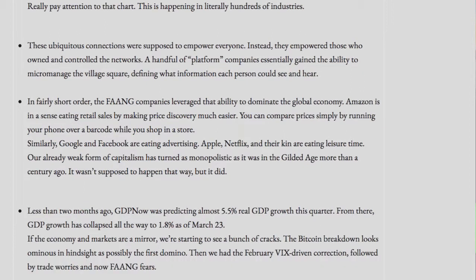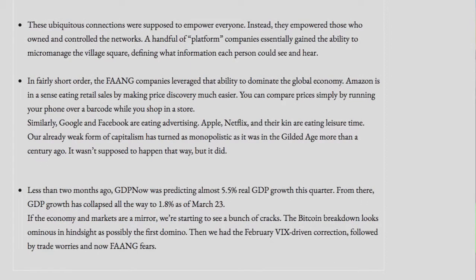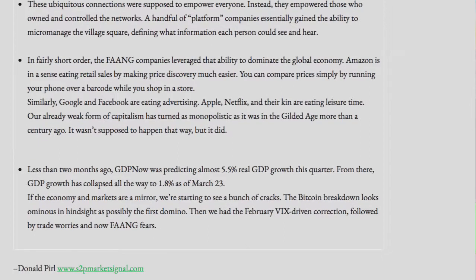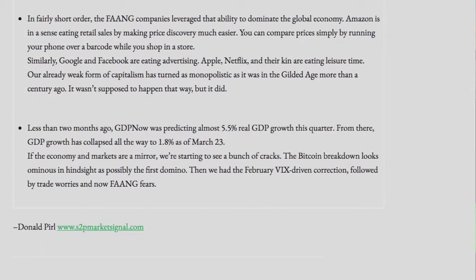These ubiquitous connections were supposed to empower everyone. Instead, they empowered those who owned and controlled the networks. A handful of platform companies essentially gained the ability to micromanage the village square, defining what information each person could see and hear. In fairly short order, the FANG companies leveraged that ability to dominate the global economy. Amazon is, in a sense, eating retail sales by making price discovery much easier.